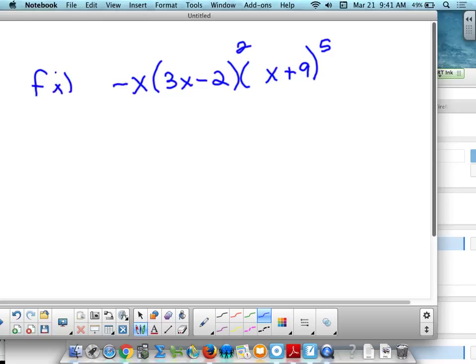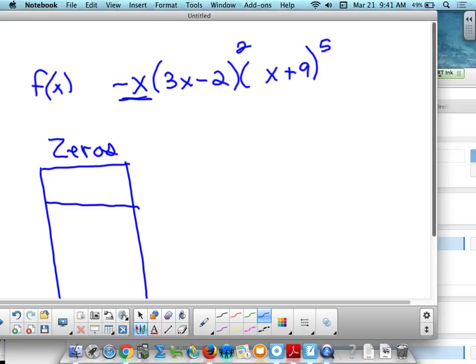Okay, looking at this function, how about the first zero? If you let x be 0, what's 0? It's a zero. How about 3x minus 2? When is that going to be 0? Two-thirds. Okay.